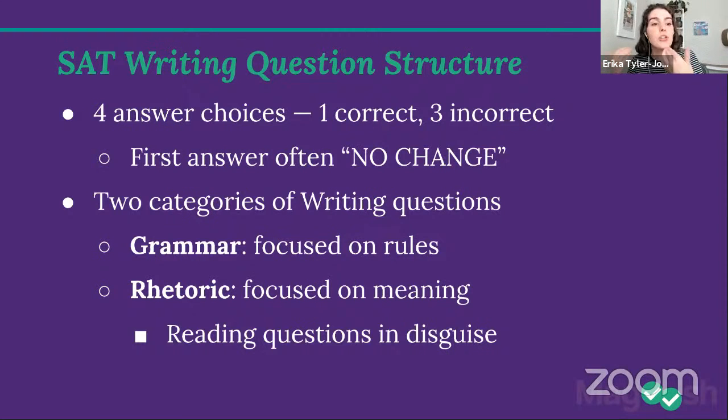Here is what the author is trying to do. Here's their goal. Here's their purpose, right? Figure out what sentence or phrase or word goes here based on that goal. See how that's the reverse, right? So in reading, they give us the thing that was written. We have to figure out the goal. In SAT writing rhetoric, they give us the goal. We have to figure out what they should write. Sneaky, right? But it's the same concept.